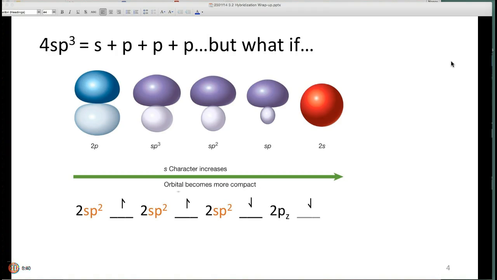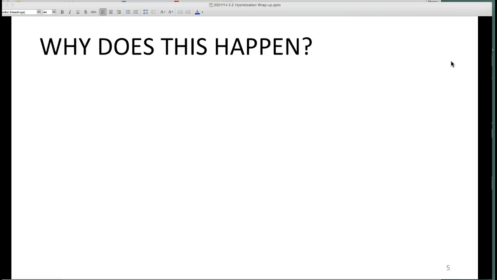So something that has a lot of p character, 75% p character in the sp3, is going to look more like that dumbbell shape. Something that has 50% s character is going to be a lot squattier and more spherical, but it's still going to have the 2 lobes. So that has profound implications with respect to bonding and bond angles, and this complements VSEPR quite nicely.